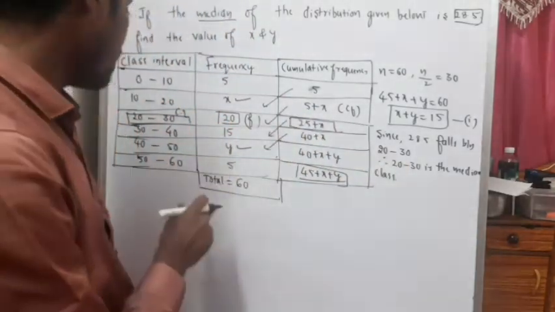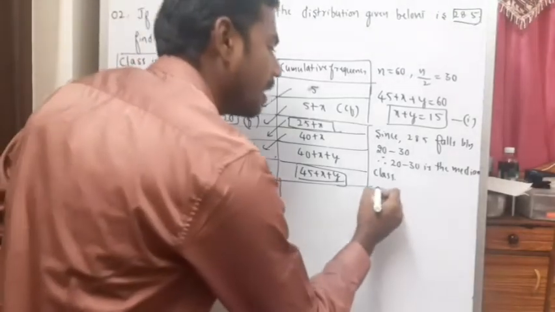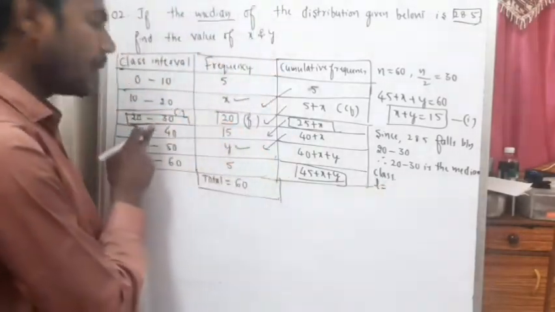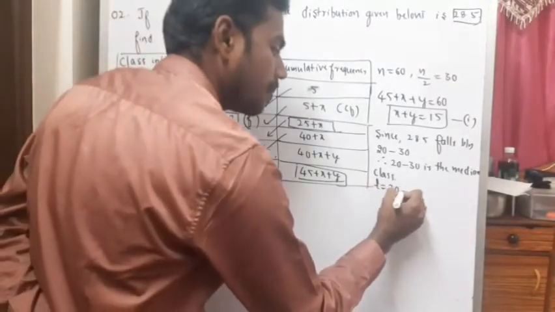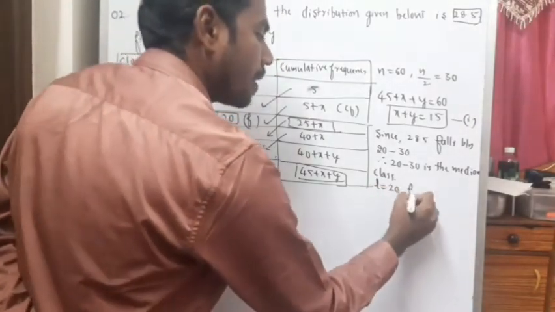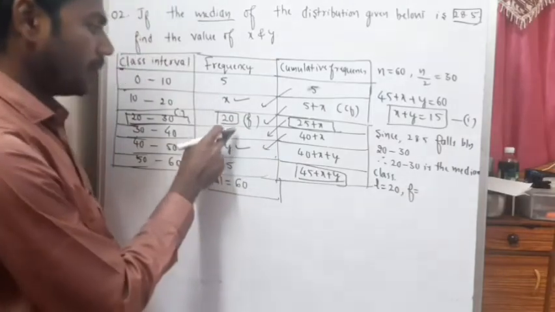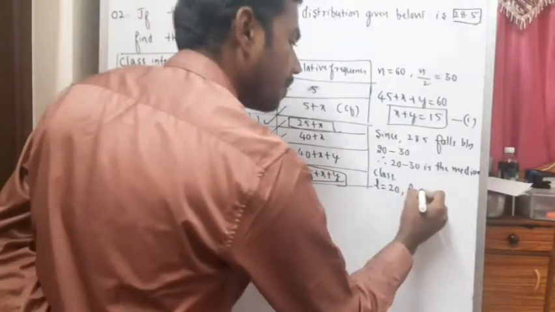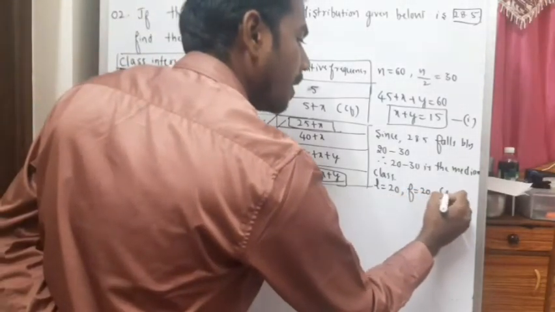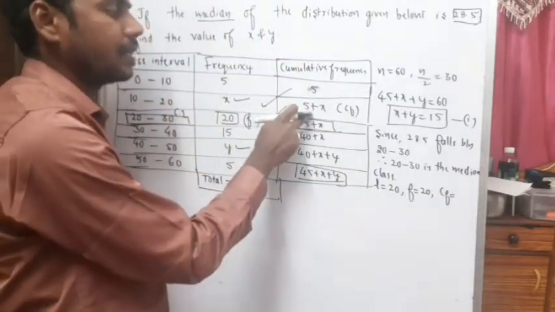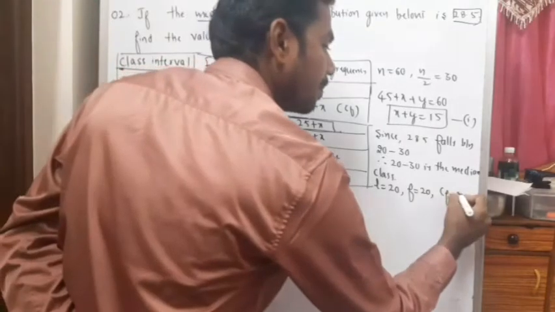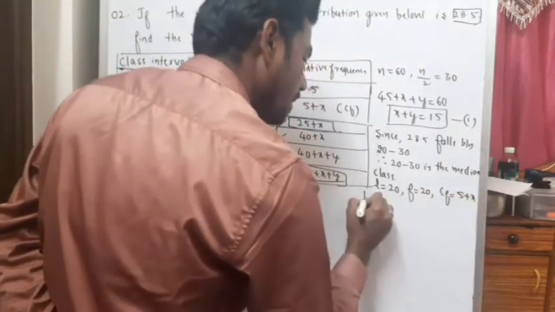Once we identify the median class, what we need to do? We need to note down the respective data, that is L is equal to what? L is the lower limit of the median class. So 20 is the lower limit. And what is the respective frequency? Frequency is 20. Cumulative frequency of the class preceding the median class, that is 5 plus x. Then we need to know what is h.